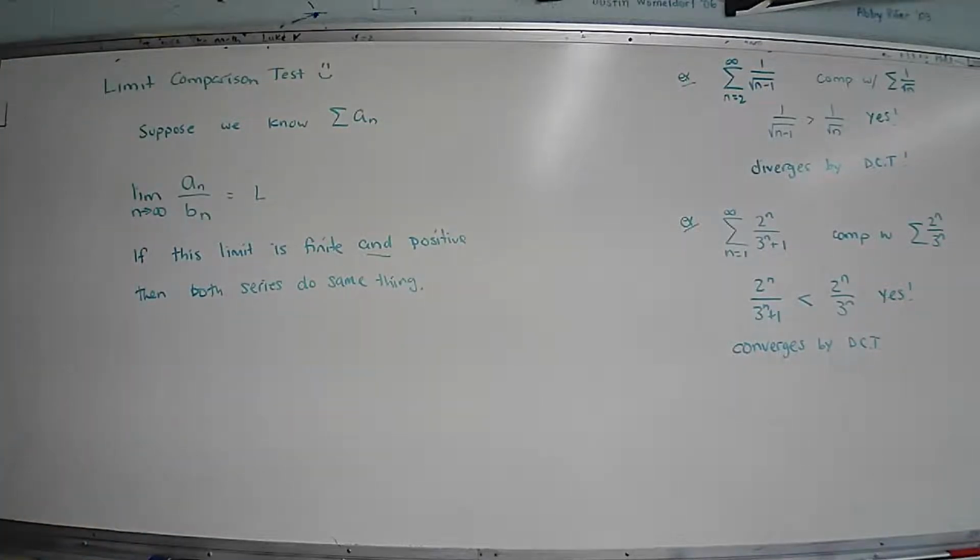Okay, again, we're not using real high-level math terminology here when we're teaching these tests. Both series do the same thing. You wouldn't see that written in a math book, probably. Either they both converge or they both diverge. Okay?